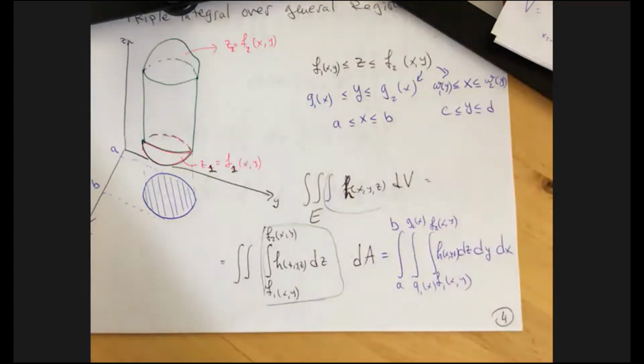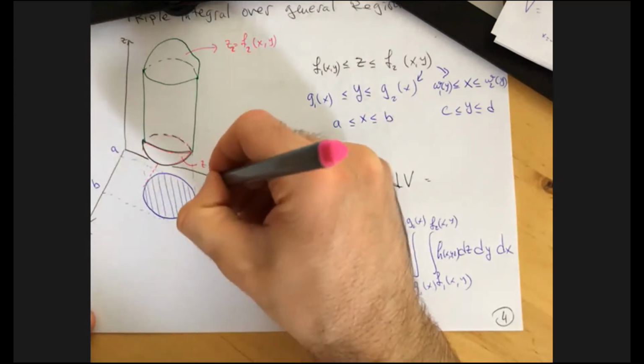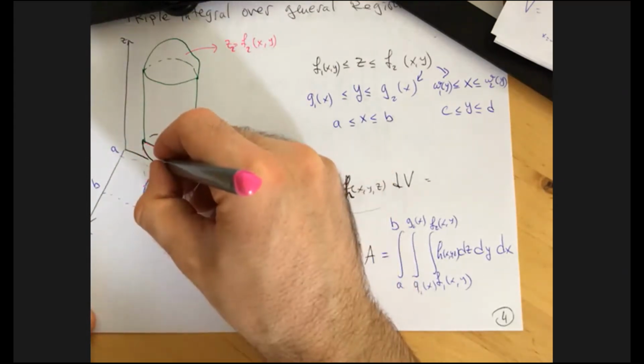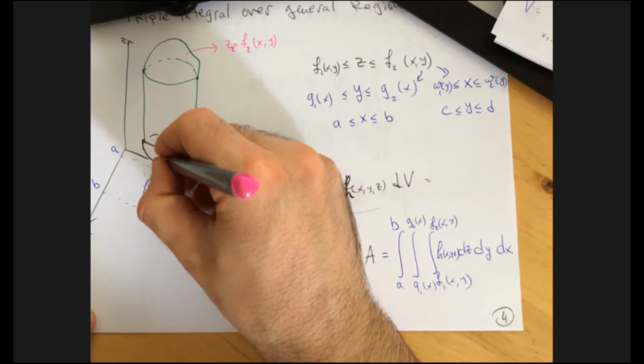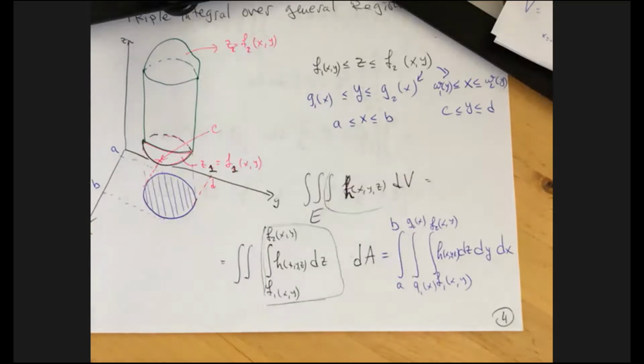This is a question up to you, for you to find. It's up to you to find the most optimal or the only possible way to evaluate this triple integral. Okay. So, are there any questions so far?